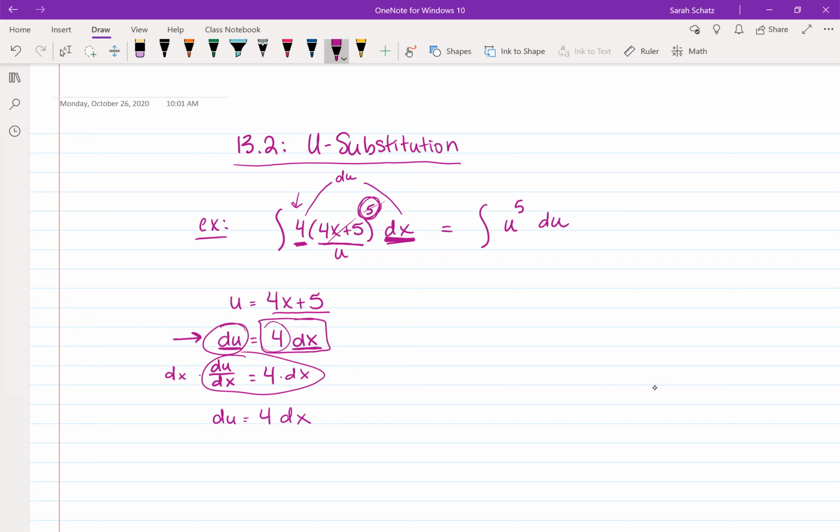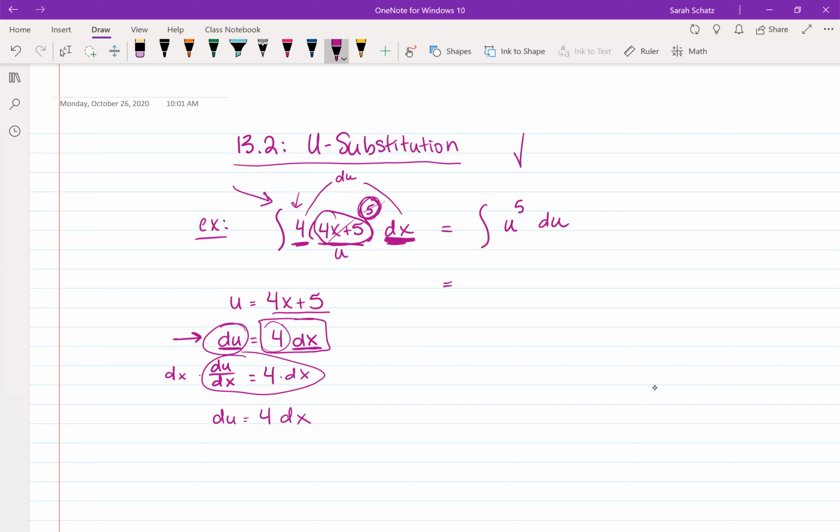So make sure every piece is accounted for. Here is u to the 5th. I wrote that. Here is du. I wrote that. Now, why would I want to do this rewrite? You might wonder. Well, because we don't actually have a special form to take the antiderivative of this as it's written.